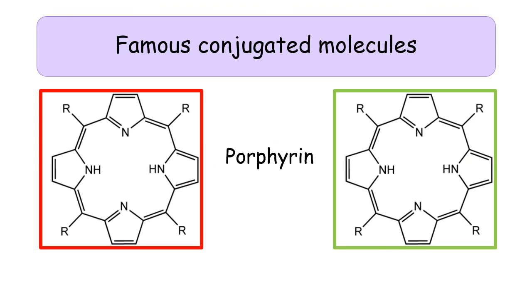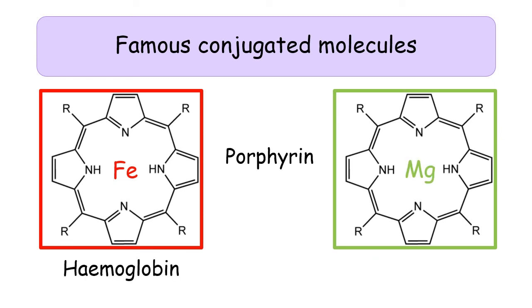Now here are two famous conjugated molecules. They're both based on conjugated rings called porphyrins. Now depending on what you put in the middle, because these are both ligands, you put a metal in the middle. Depending on what metal goes in the middle, you end up with a very different colour. So if we put iron in the middle of that porphyrin ring, that is a biological molecule called hemoglobin, and that is responsible for binding oxygen in your blood and giving your blood its red colour.